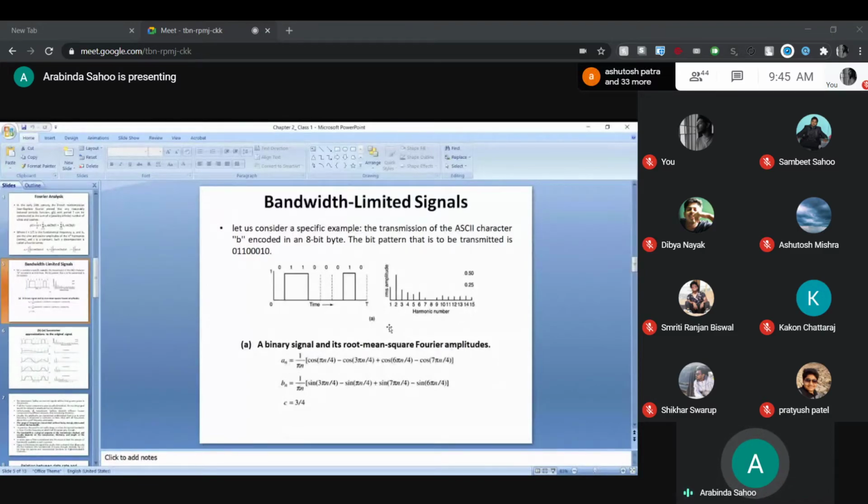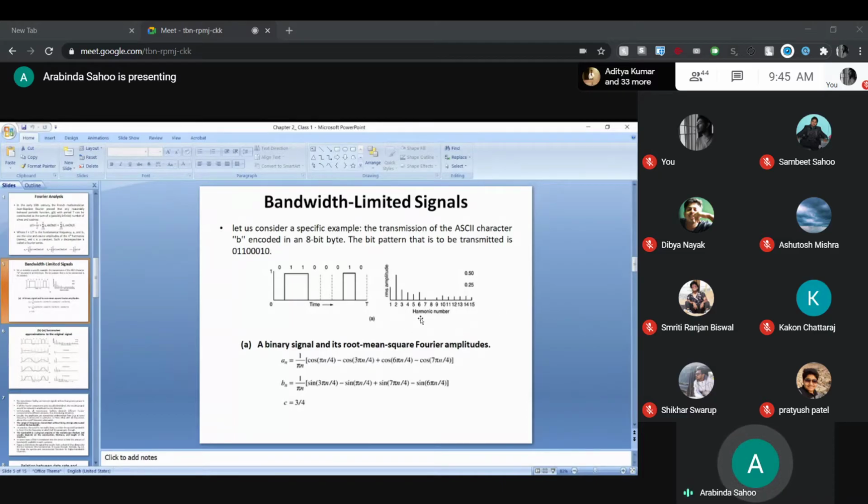Whatever the value, that is the mean square amplitude at harmonic number 2. Let this value be 0.5. Similarly, you can calculate other values by putting different harmonic numbers: n is equal to 3, 4, 5, 6, 7, like this.